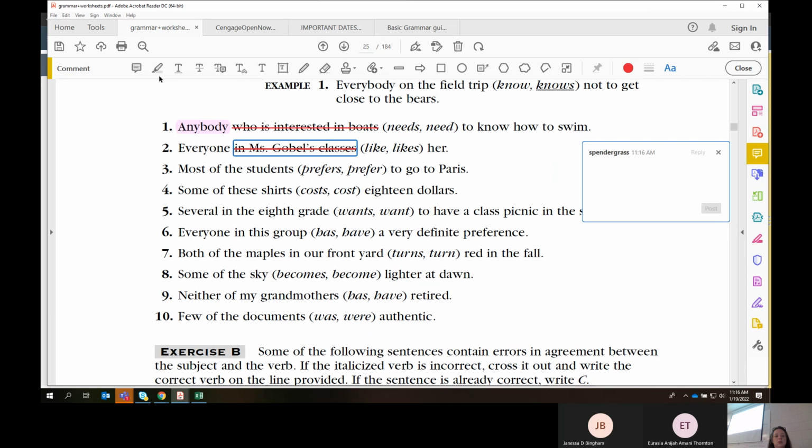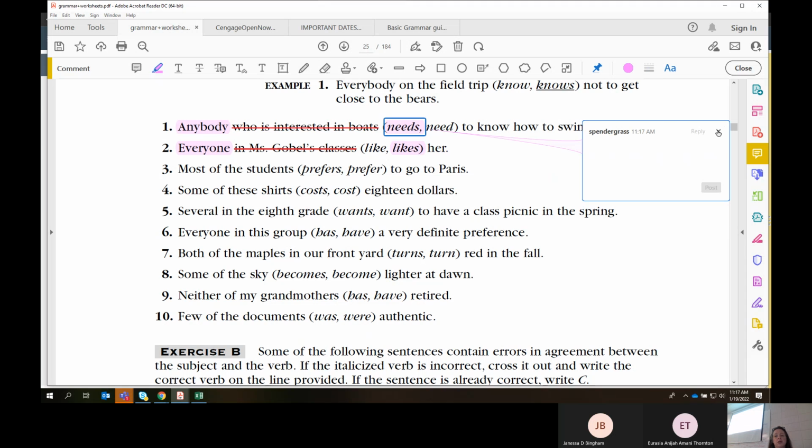Prepositional phrase. Subject is everyone. We know it's singular. So what's the answer going to be? Likes. So number one, number two, with the S. So likes and these, because they are singular subjects, S's on the verb.